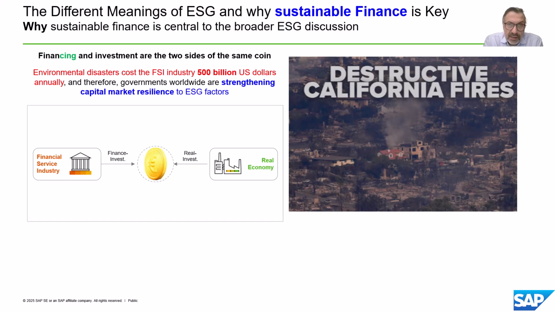We have fires, horrible fires, a lot of financial damage. 10 people died so far, and I heard yesterday that already now 150 billion US dollars in damage is caused by this fire. So this is a real problem for the financial service industry. This is a real and huge problem for insurance companies.